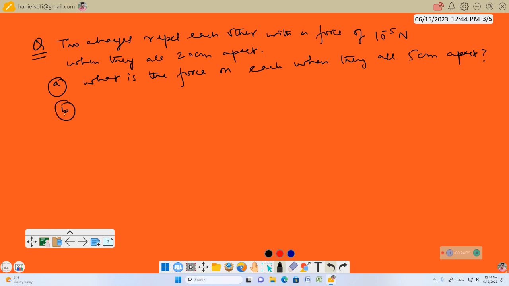Part B, when they are 100 centimeter apart. This is question 1. Meaning, two charges repel each other with a force of 10 to the minus 5 Newton when they are 20 centimeter apart. What is the force on each when they are 5 centimeter apart? Part B, when they are 100 centimeter apart.